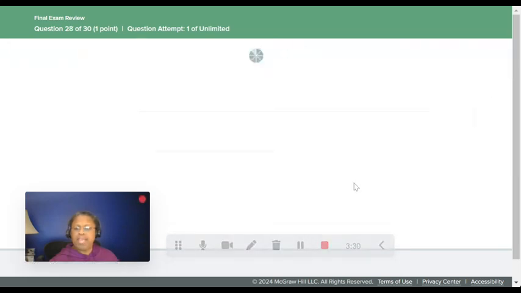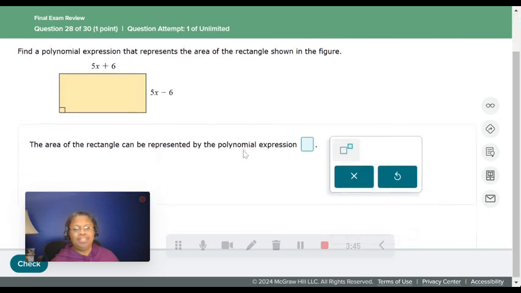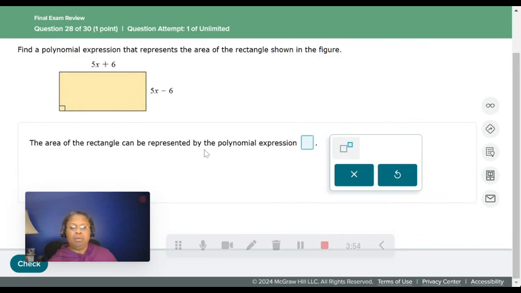Number 28, find a polynomial expression that represents the area of the rectangle given in this figure. Now, this is a difference of squares, right?